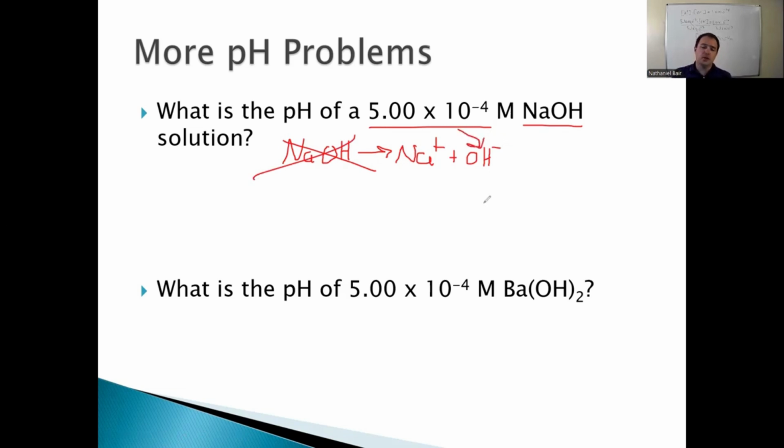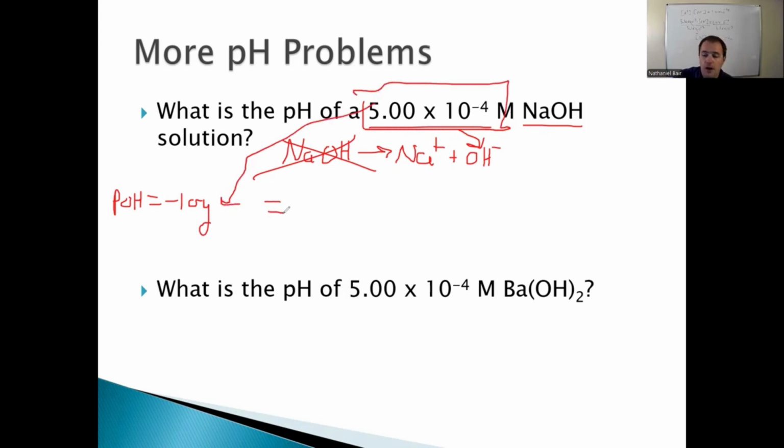So if you are given the concentration of a strong base, that is your hydroxide ion concentration, you can go right into a pOH. So pOH is the negative log of the hydroxide ion concentration. Go ahead, get me the pOH of this solution, and then give me the pH. Go ahead.